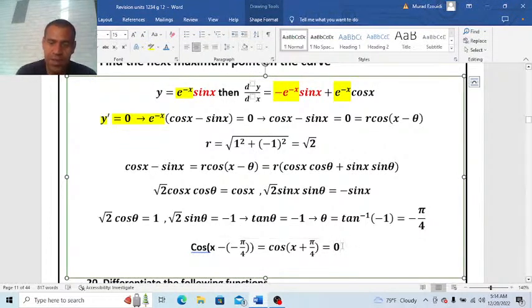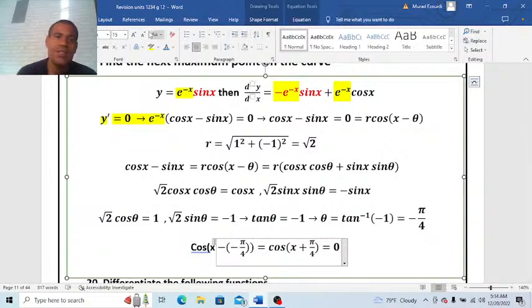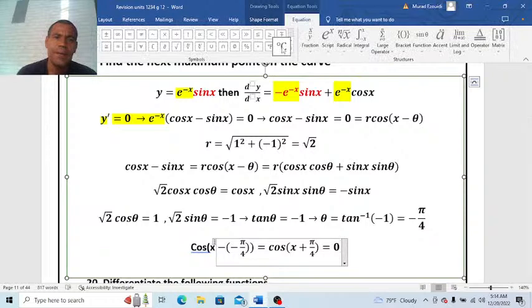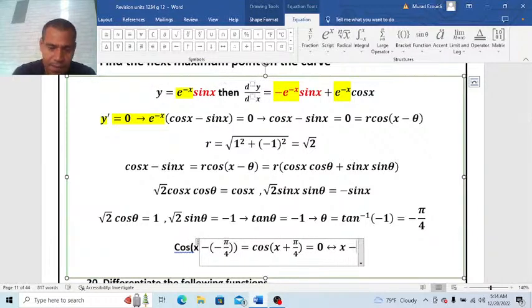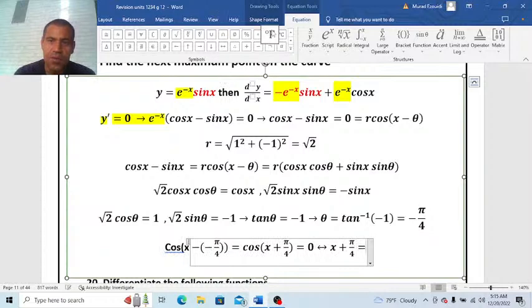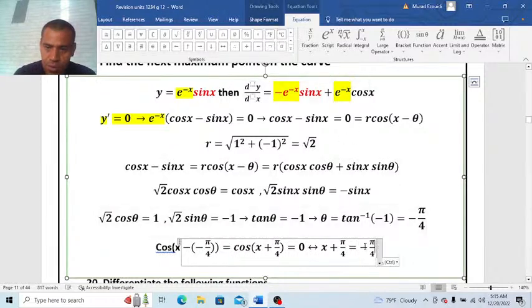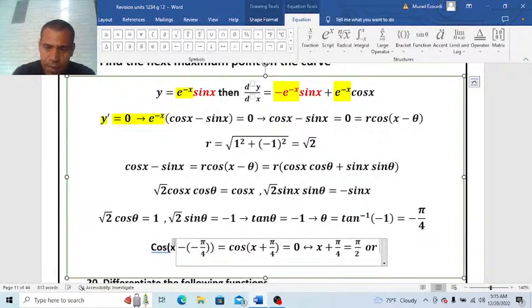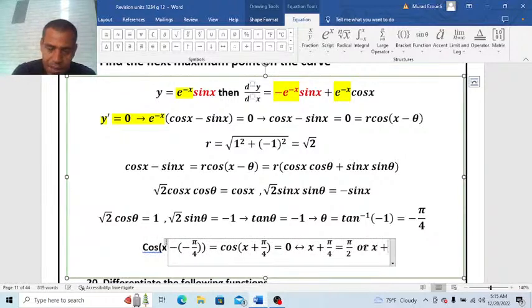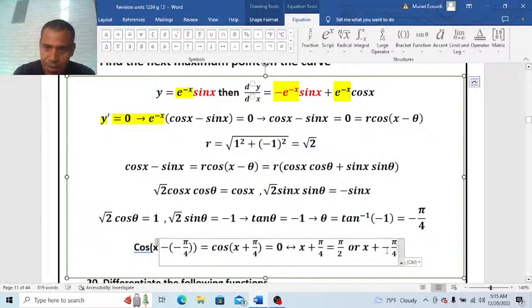Therefore, this implies that x minus, we told it's positive because minus is positive, x plus pi over 4 equal pi over 2, or x plus pi over 4 is equal to what?